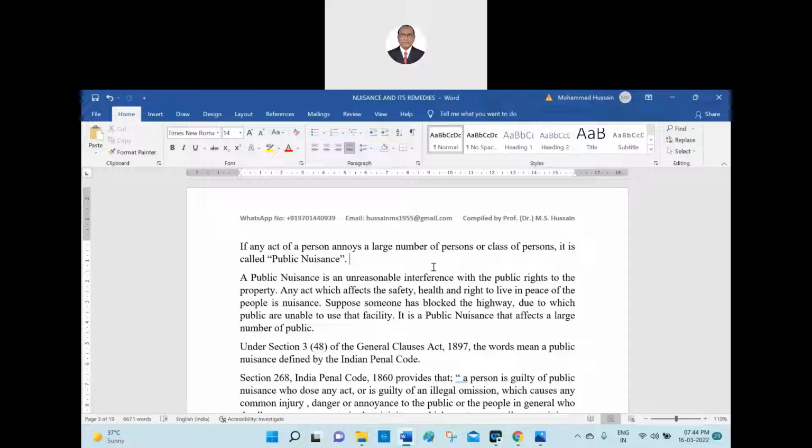Number two, if you are fully drunk, you cannot control your senses, and at that time an accident happens. Number three, rash and negligent driving, because on every road there is a KMPH limit. What is this KMPH? Kilometers per hour.